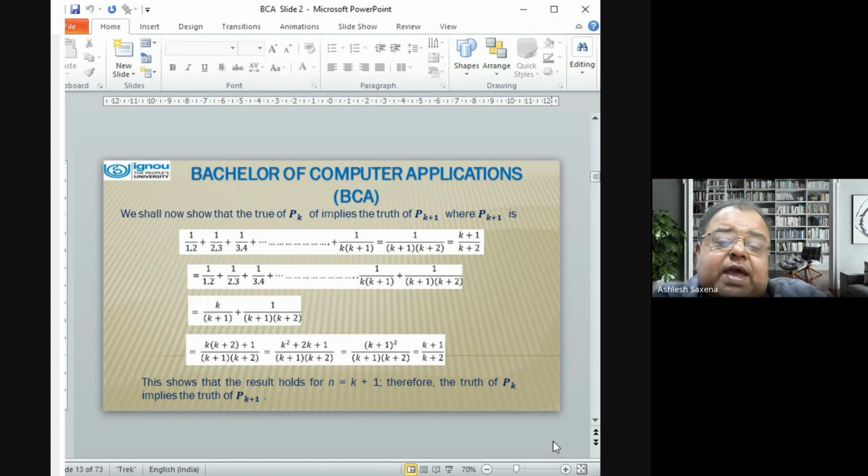Now, can any one of you explain what I did over here? Any one of you who can explain what I did in this solution?